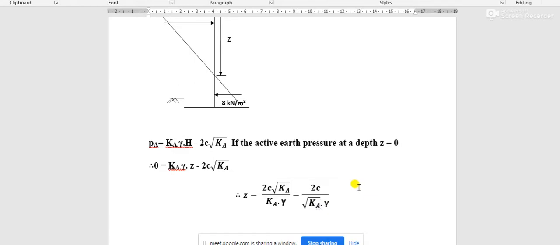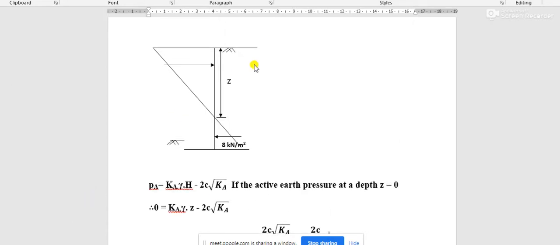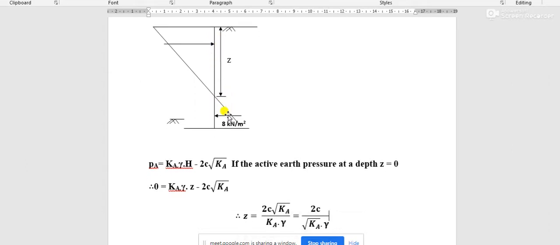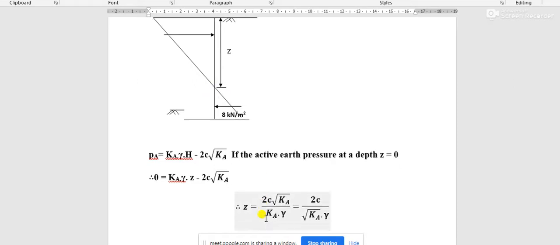This is the general equation for this depth Z, where the value of active earth pressure is 0. Okay.